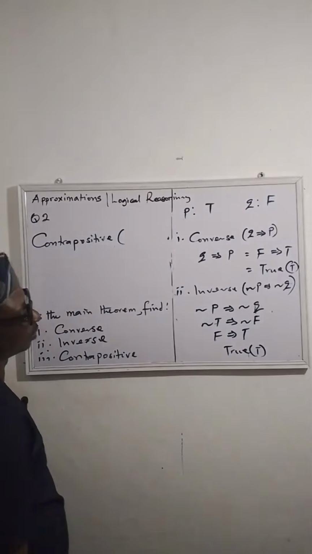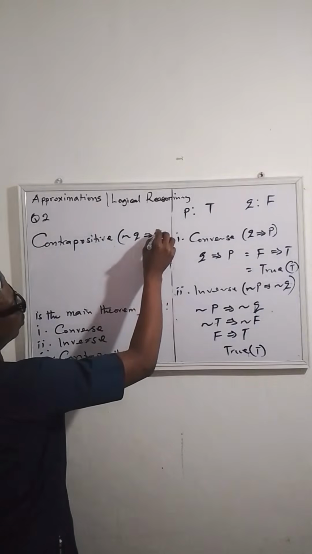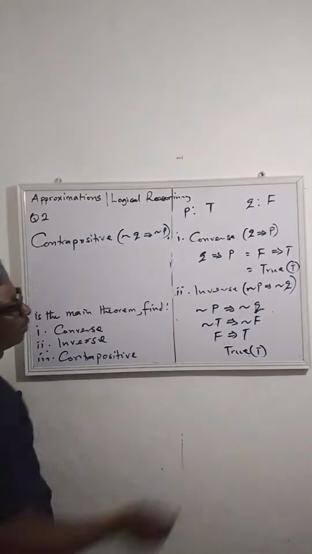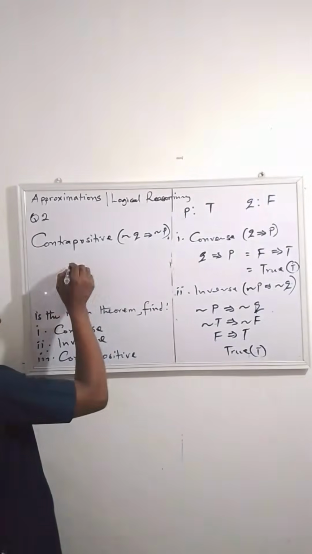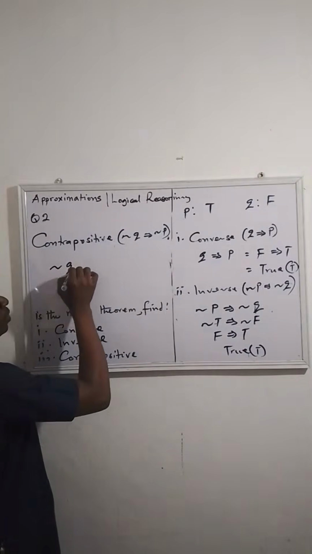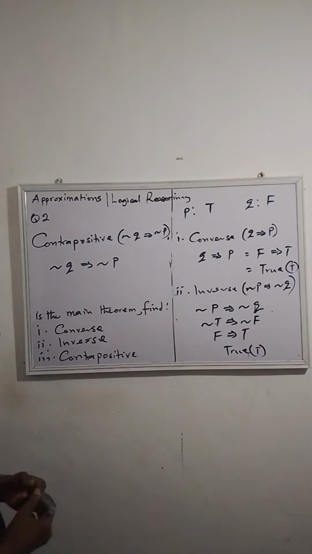Contrapositive. So that should be negation of Q implies negation of P. So you just invert this. If you do that, negation of Q implies negation of P. So what do you have?